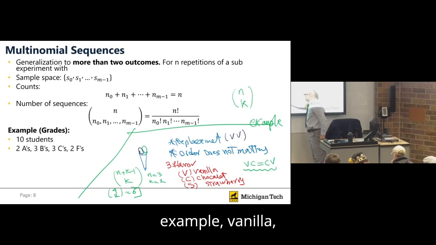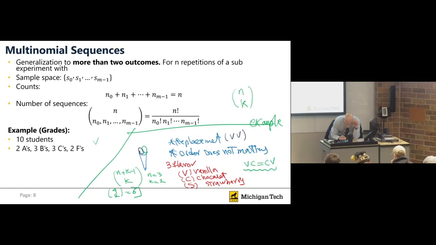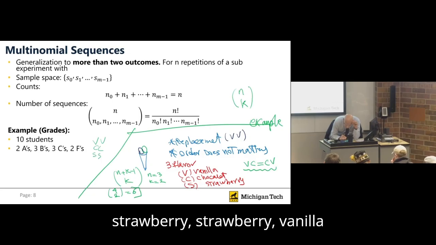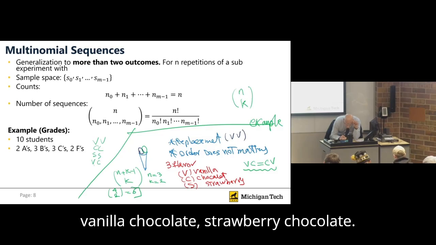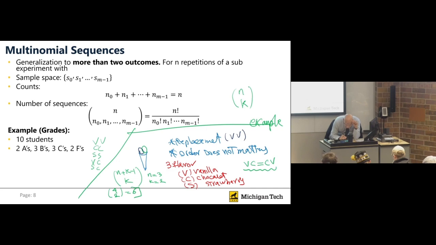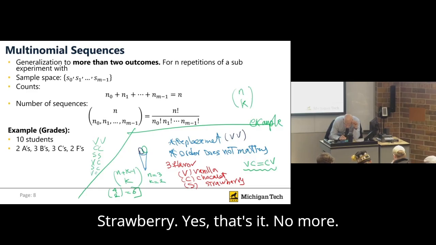You can see that, for example, vanilla, chocolate, strawberry, vanilla chocolate, strawberry chocolate, one more, vanilla strawberry. Yes, that's it.